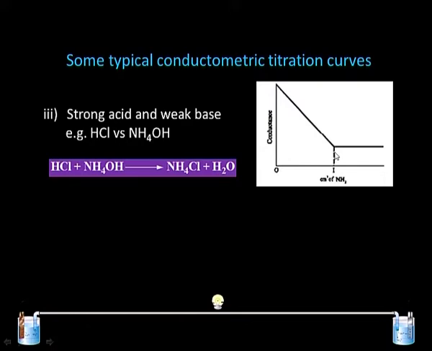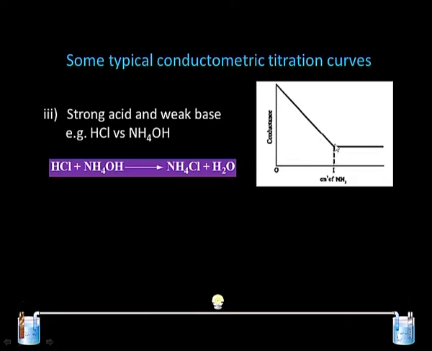After reaching a limiting, lowest value, there is no change in the conductance, which can be explained well, because the H+ ion in the solution is replaced by NH4+ ion, since H+ reacts with OH- and forms water. What remains in the solution is NH4+ and Cl- ion. NH4+ has less mobility, so we see a decrease in the conductance of the solution.